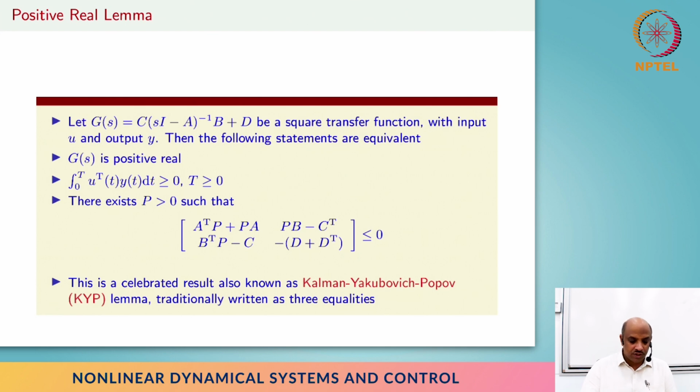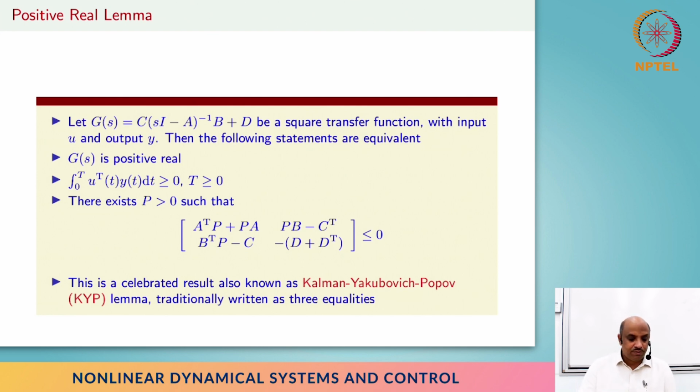Therefore this result is called the positive real lemma, but also the KYP lemma, or Kalman-Yakubovich-Popov lemma. There are many extensions in nonlinear systems, which we will look at. Traditionally these are written as equalities, but I chose to write them as LMIs because that's the way we compute these days.